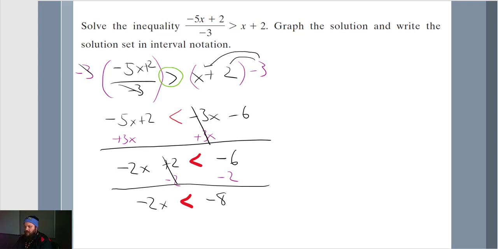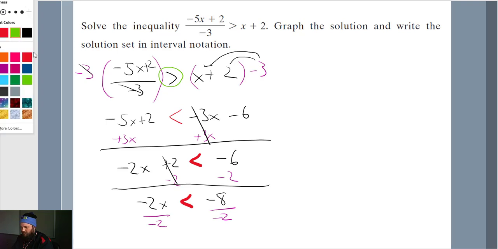All right, so now we got to do another little crazy thing here. So now we got negative 2x is less than negative 8. How do we get rid of that negative 2? Need to divide by negative 2. But what happens with that sign when we divide by a negative value?